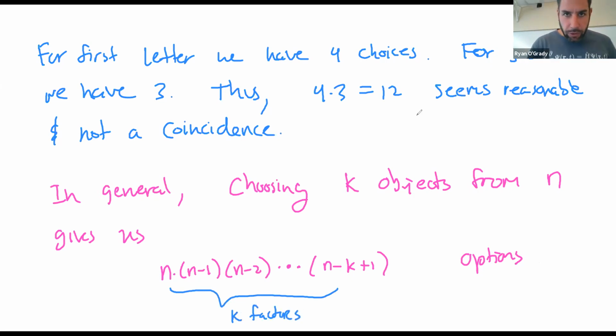So let me illustrate that again. If I want to select 2 out of the 4, I have 4 times 3, that's 2 factors. If I wanted to select 3 out of the 4, I would have 4 times 3 times 2, that's 3 factors. So the only thing that's going to be scary for us is this N minus K plus 1.